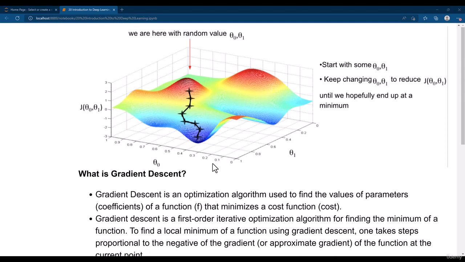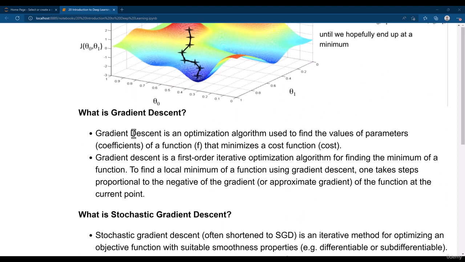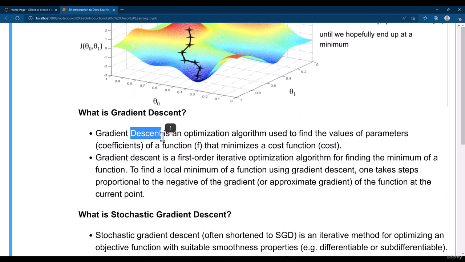Something like this. So let's go ahead and see what gradient descent is. This descent says that it is something descending, that means coming down. Gradient descent is an optimization algorithm used to find the values of the parameters of the function that minimizes the cost function. This is a huge sentence, so let me break it down once again. As I told you earlier, there is a loss function, which says how much error you are getting at the output.